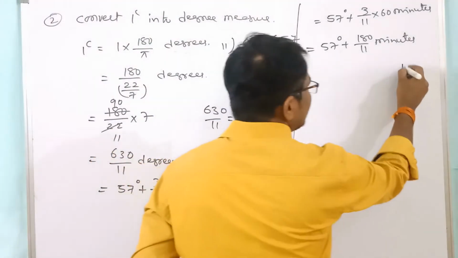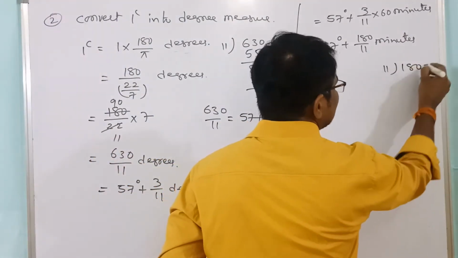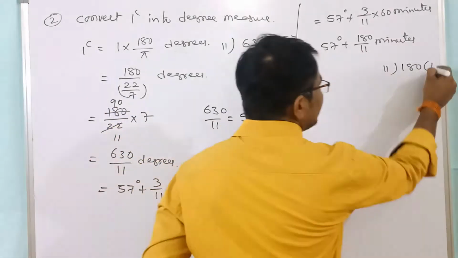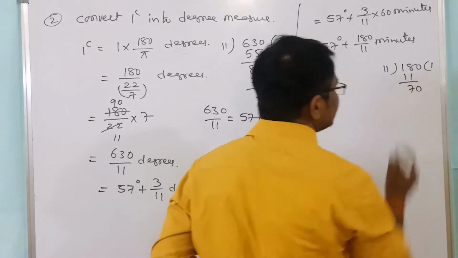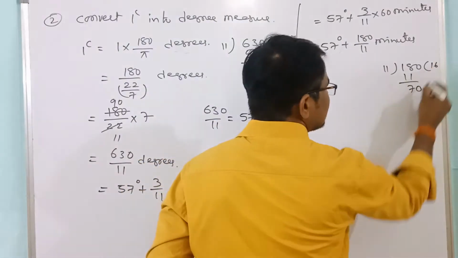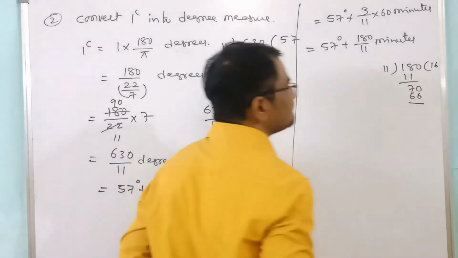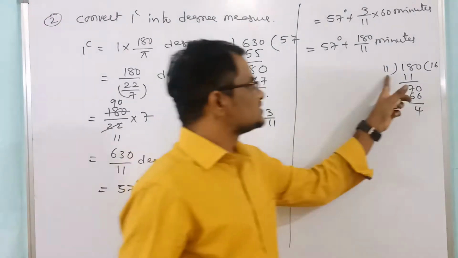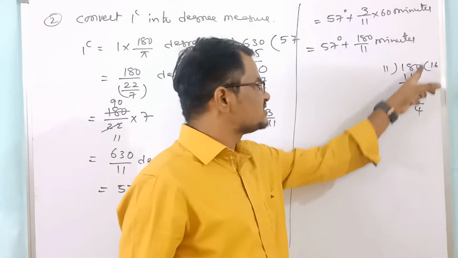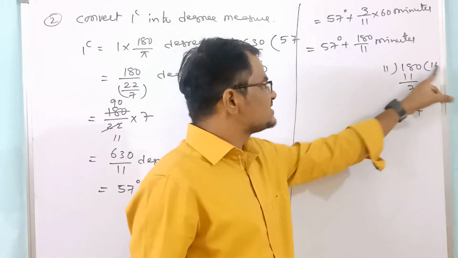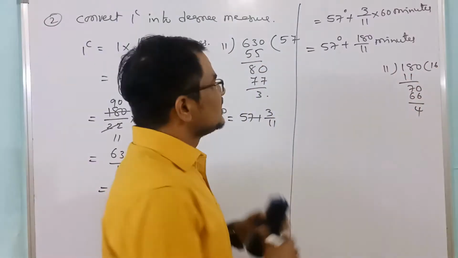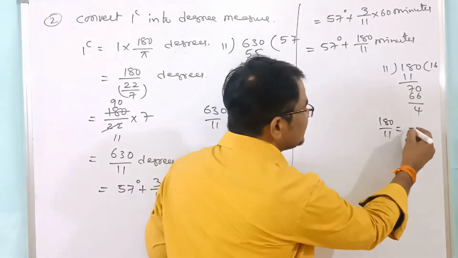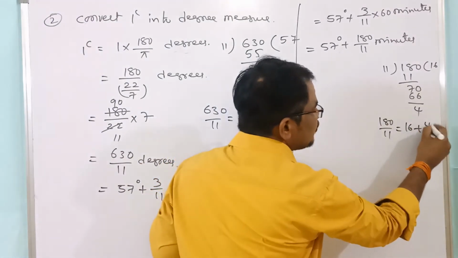Now this 180 divided by 11, how many times? 1 time 11, 70. Next 6 times, 66, so 4 remaining, right? So this 180 by 11, how to write? 16 plus 4 by 11.